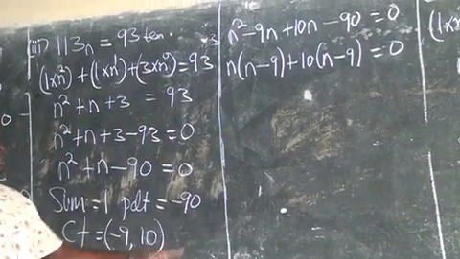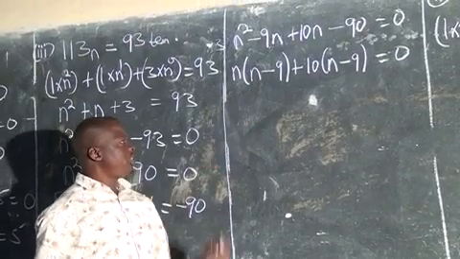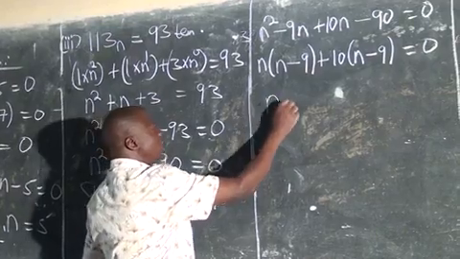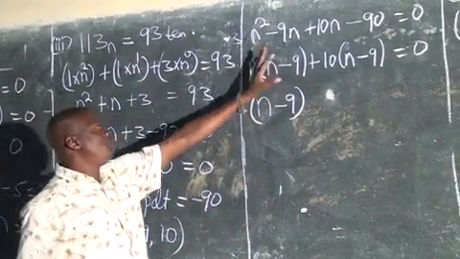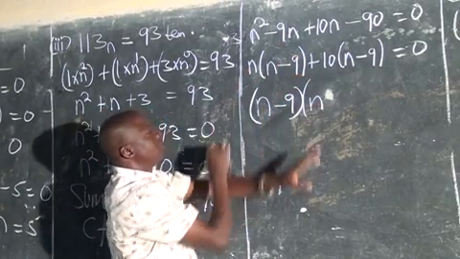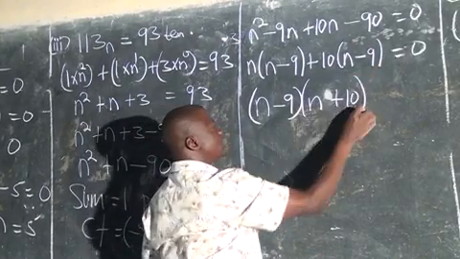Something common, that is n minus 9, is also common here, so we put it out. When you cover that, the balance is n. You also cover this, the balance is 10.